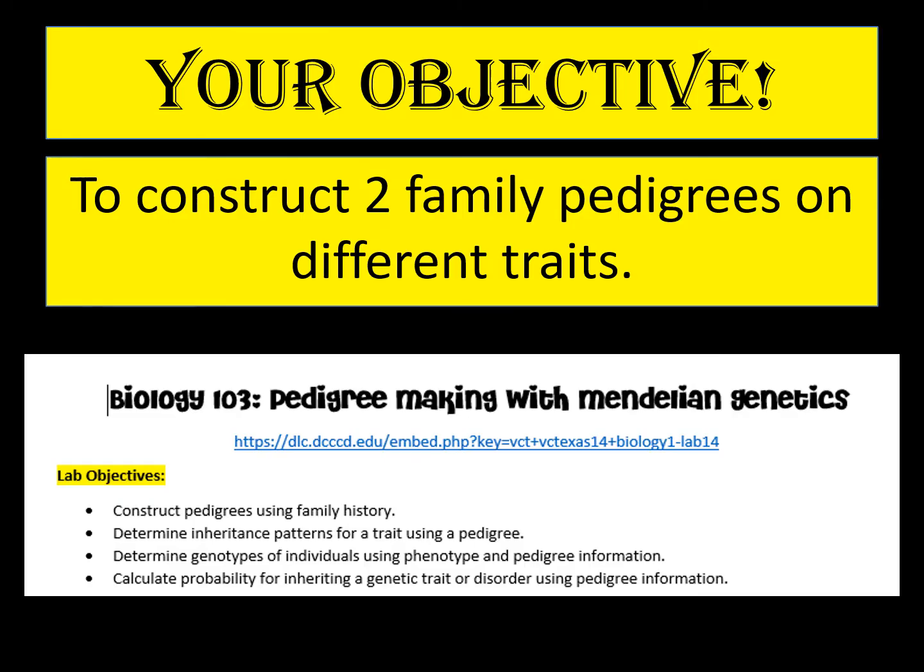In this lab this week, you are going to be constructing pedigrees of two different families. And you're going to be tracing a specific trait that is found in that family through time. So you'll be required to make a pedigree, and then you're going to try to determine the pattern of inheritance through that family pedigree.